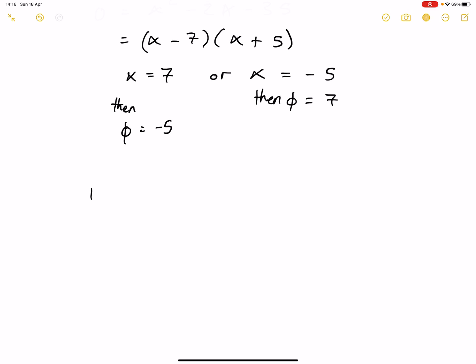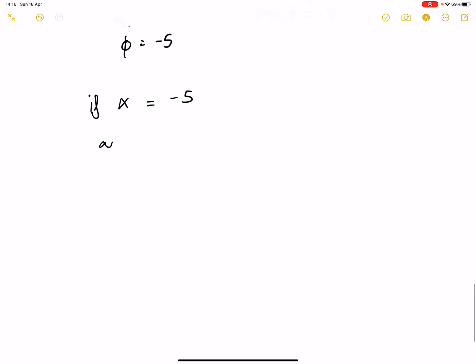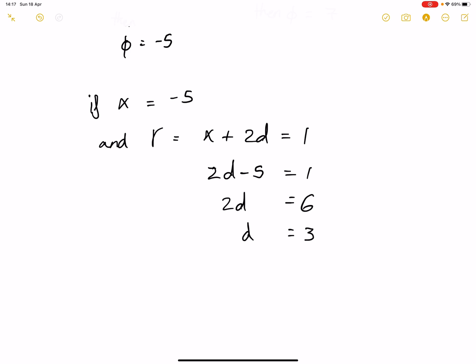So if alpha is equal to minus 5, and I know that gamma is alpha plus 2d and is equal to 1, then I know that gamma is also equal to 2d minus 5, and that is equal to 1. So 2d is 6, therefore d is 3.